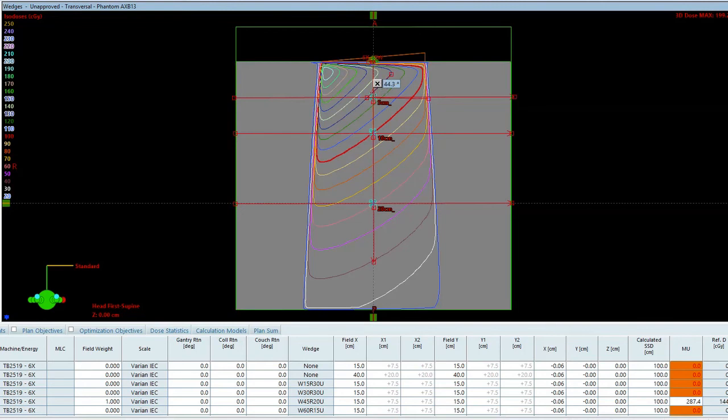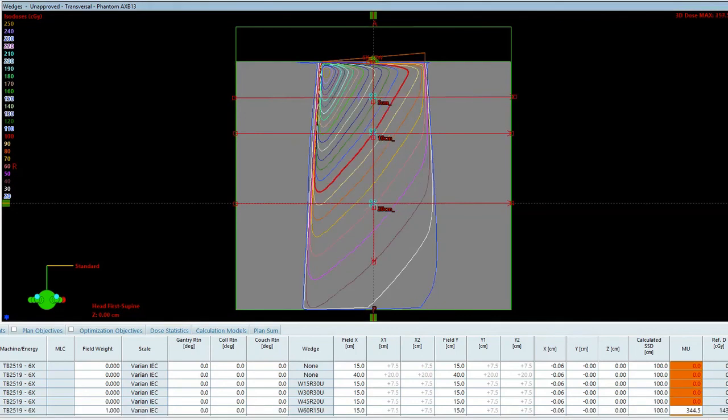And finally, for the 60 wedge, 60 degrees. So that's what the wedge angle is describing: the tilt of the isodose lines along the central axis when compared with the open field.